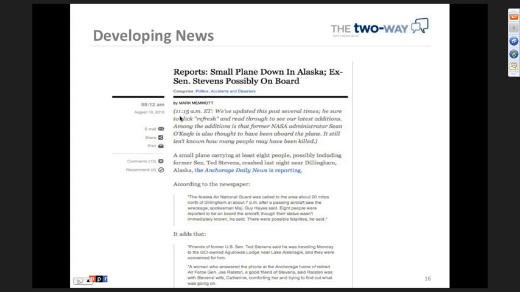It wasn't clear at the time that it was being reported whether he was alive or not, who was on board, etc. So you see words like this line here, it still isn't known how many people may have been killed. The two-way blog from NPR, they know that their audience likes political news. People are interested in what's happened to a former senator. And so with this story, even though Mark Memmott is not in Alaska, he knows that people are going to be interested in that information.